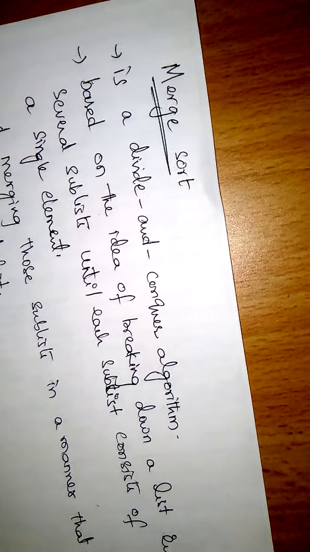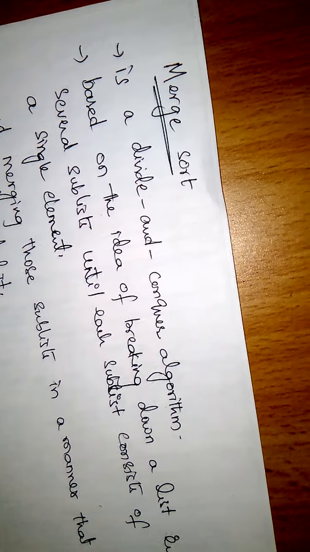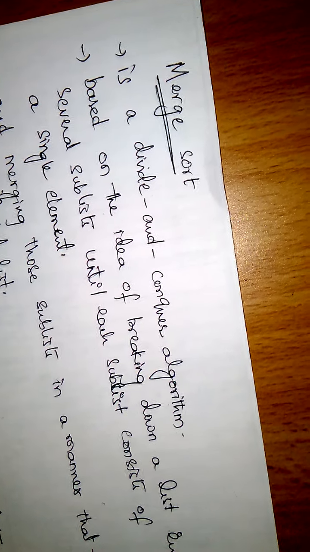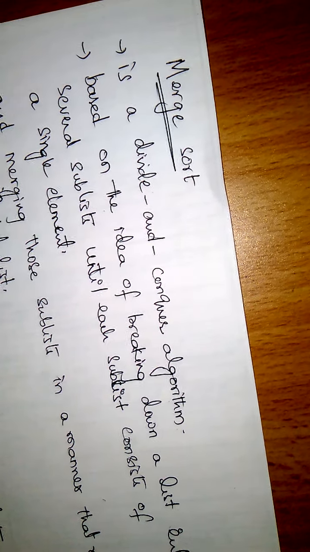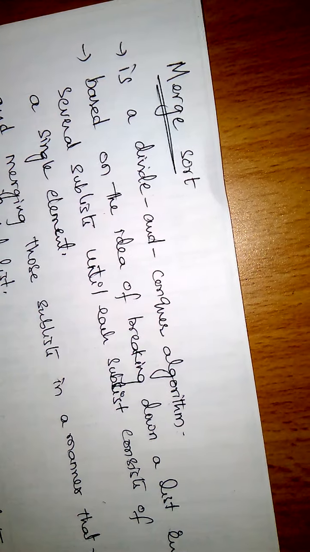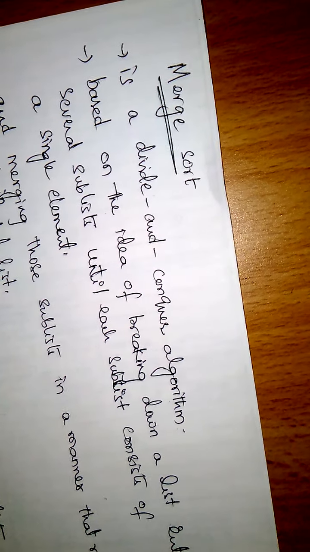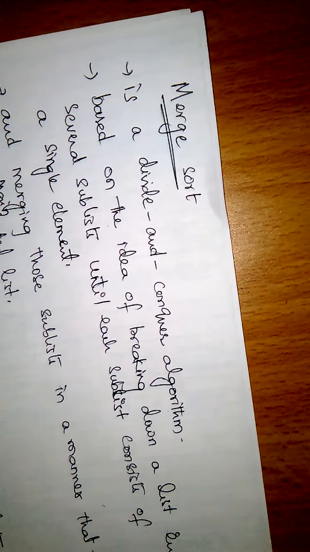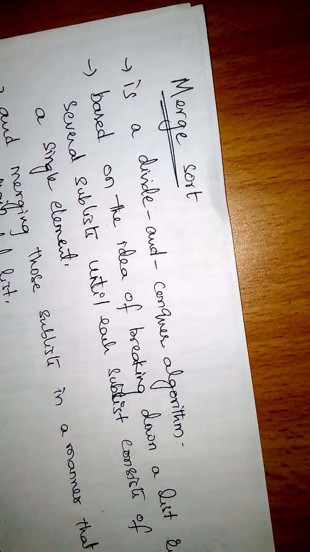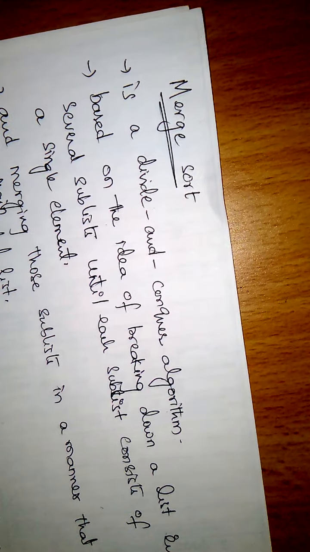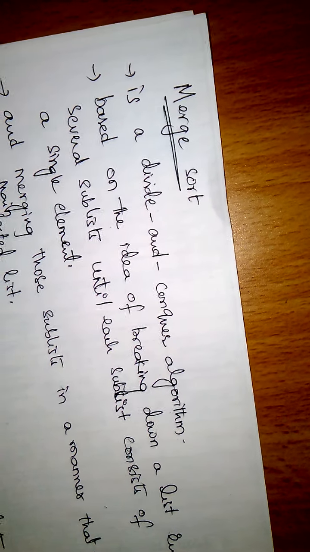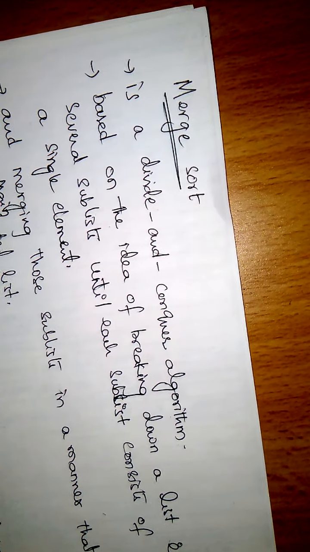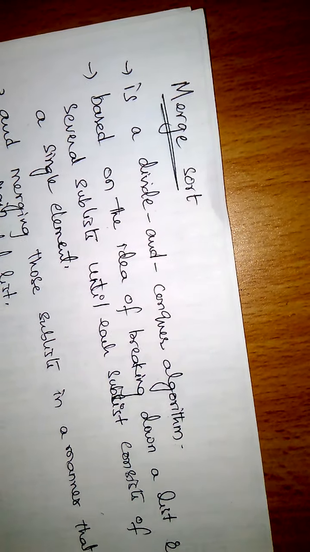The basic thing in merge sort is that it divides, or partitions, or breaks an array into sublists or subarrays, and each sublist is again divided into further sublists until a list contains a single element.